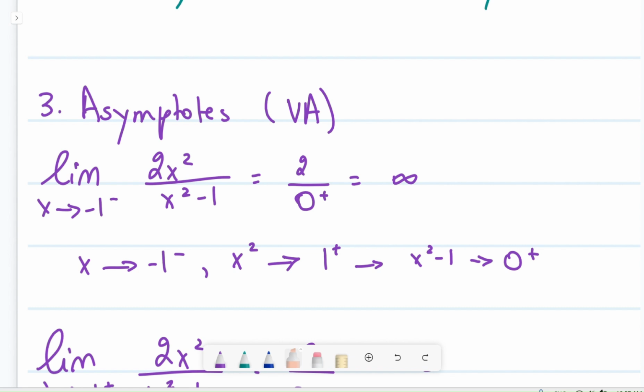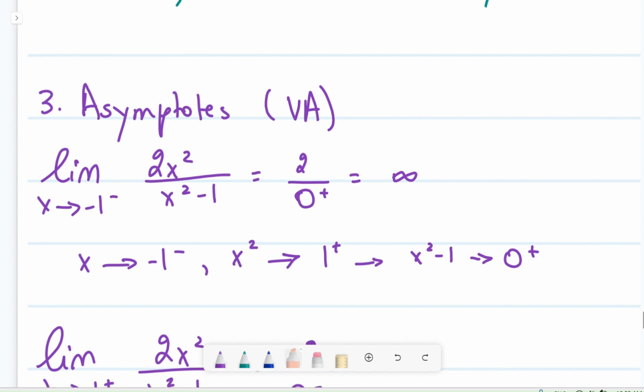If you were to square it, you will get a value that's positive and slightly greater than 1. So you will get 1 from the right. So a value that's slightly greater than 1 minus 1 will give you 0 from the right. So the limit will give us 2 divided by 0 from the right, which is positive infinity.